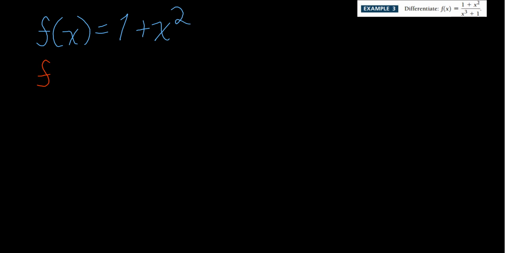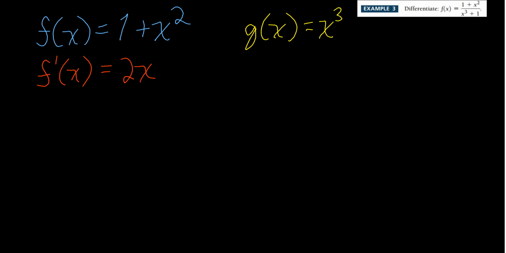The derivative of that is just going to be 2x. G of x is x cubed plus 1. Kind of can't see it, but that's fine. We know what it is. G prime of x is going to be equal to 3x squared.